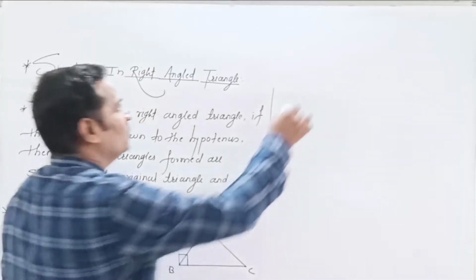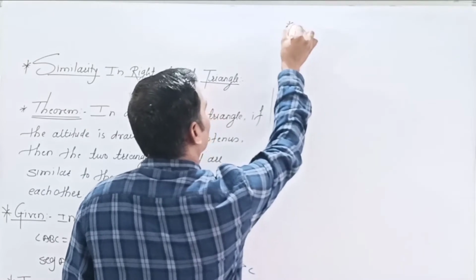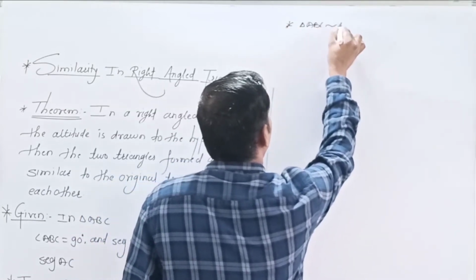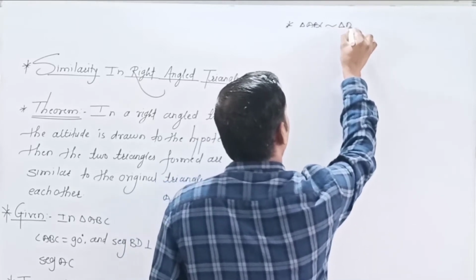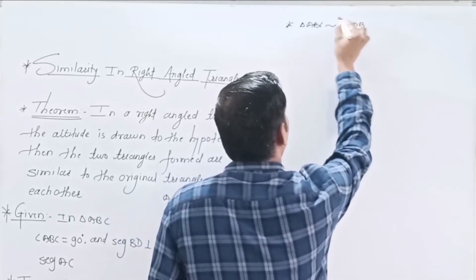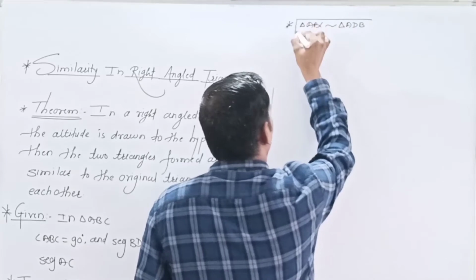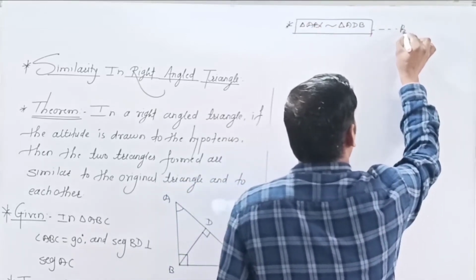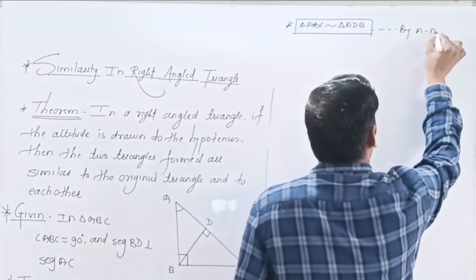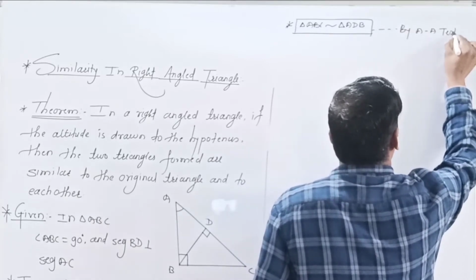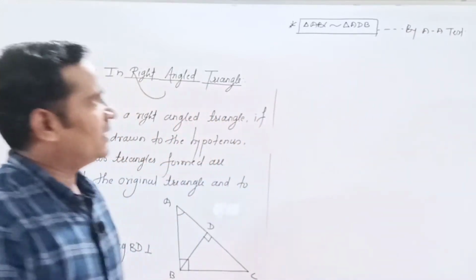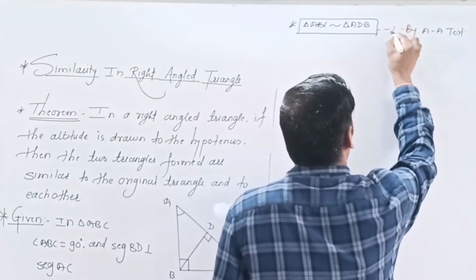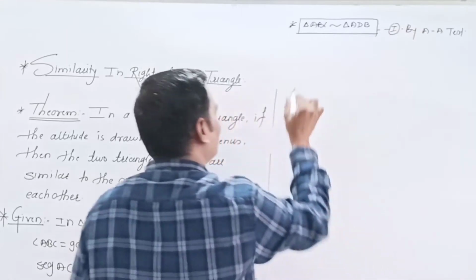That means we can write here now, therefore triangle ABC is similar to triangle ADB, and by which test? By angle test. Done. Now this is equation number 1, suppose.